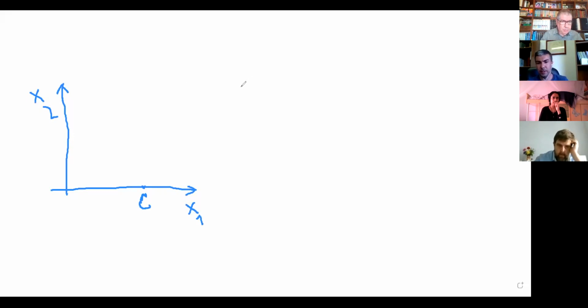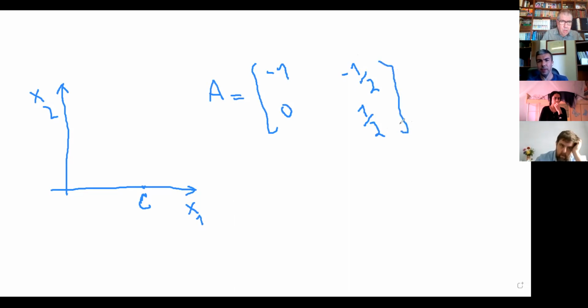If A is equal to -1, 0, and so I wanted to calculate the eigenvalue like this.